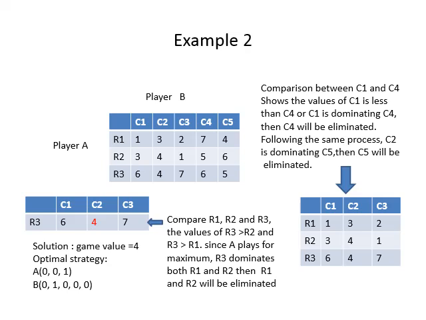The third matrix consists of one row and 3 columns: C1, C2, C3 and R3.